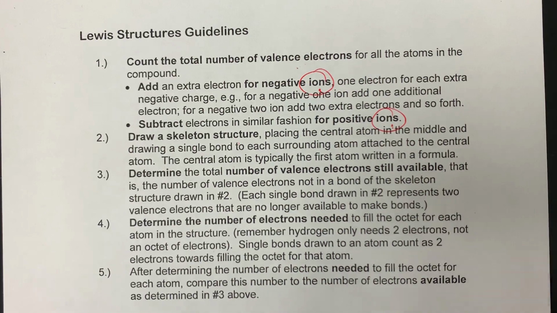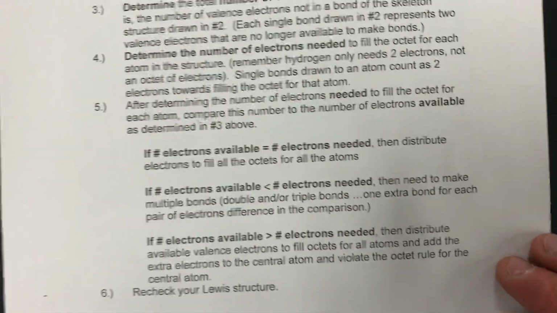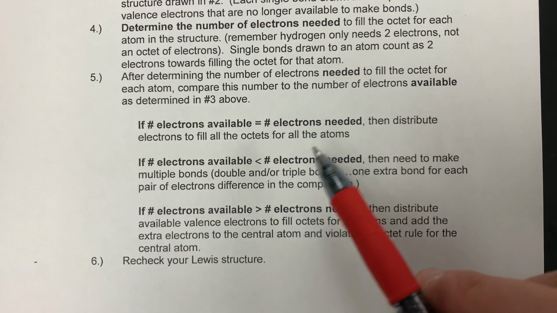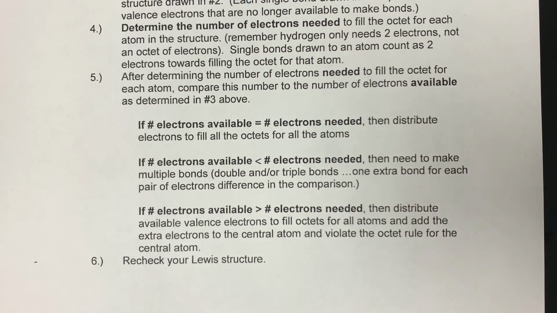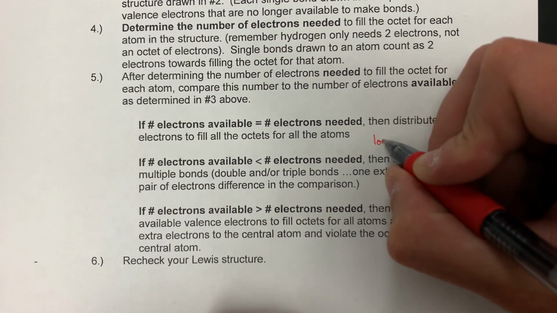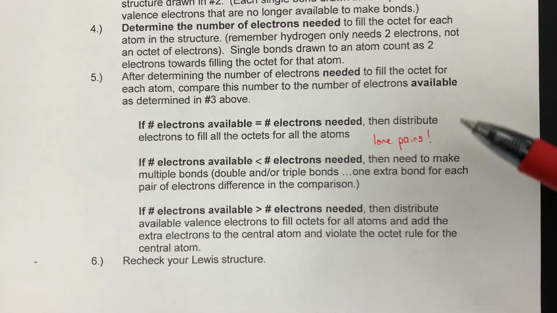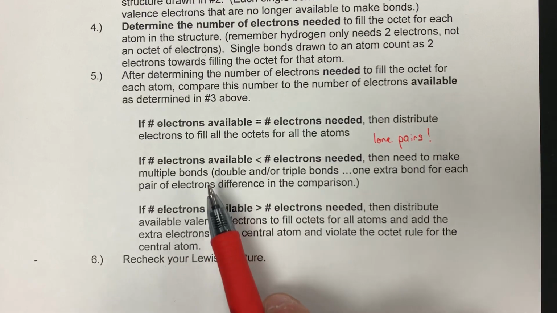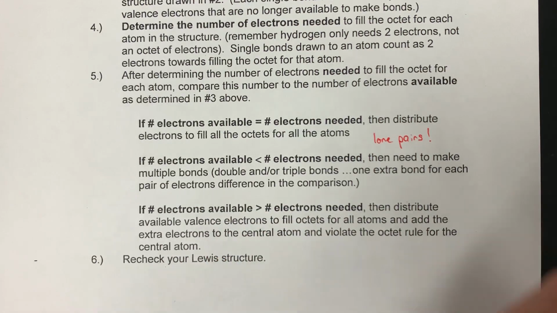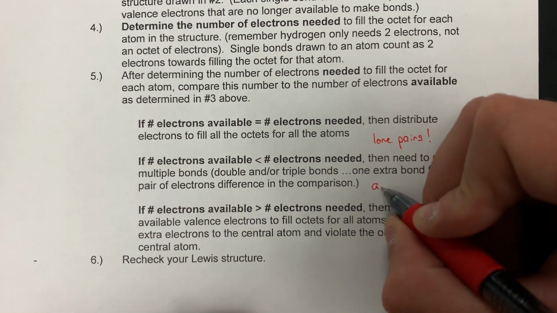We can compare the two. If the number of electrons available is equal to the number of electrons needed, it's really easy. All we do is add a whole bunch of lone pairs. In the event these numbers are not equal, if we have fewer electrons available than what's needed, this is when we look to add bonds.